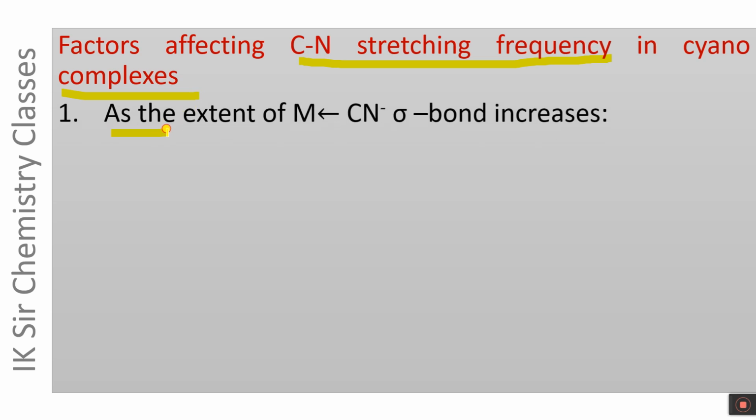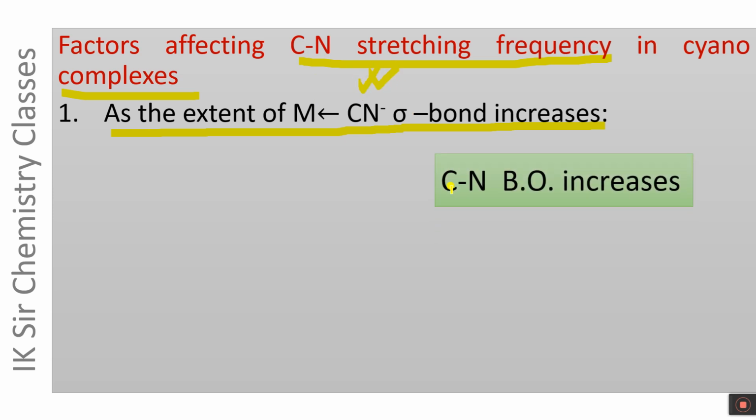As the extent of CN⁻ to metal sigma bonding increases, the carbon-nitrogen bond order increases because its weakly antibonding electron density is transferred to the metal atom.